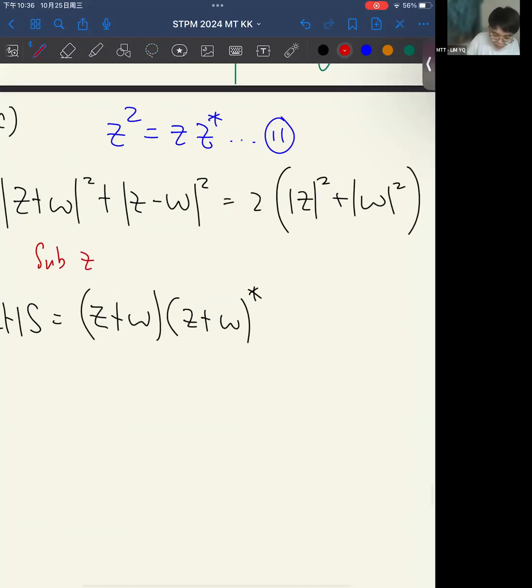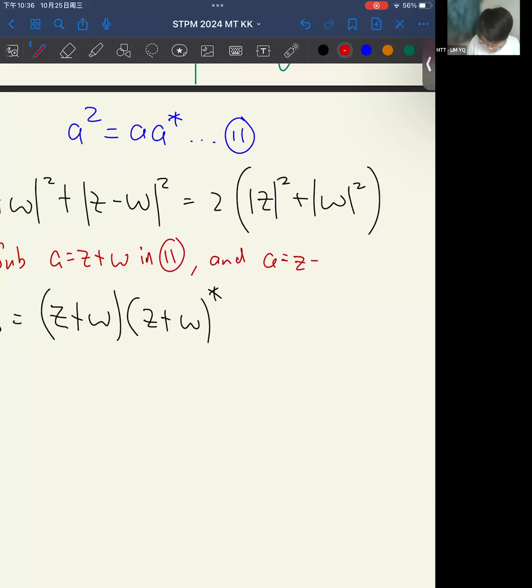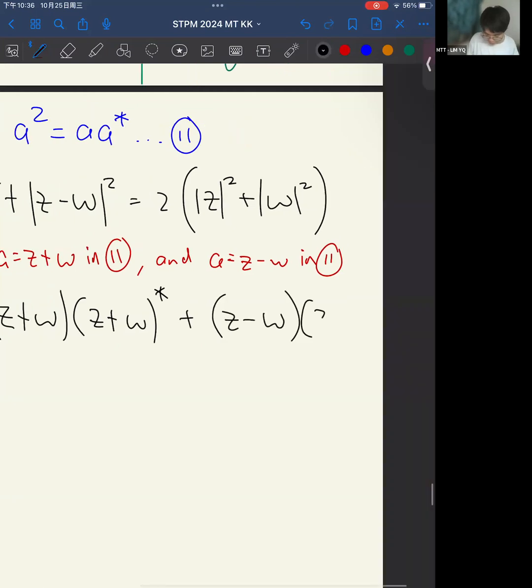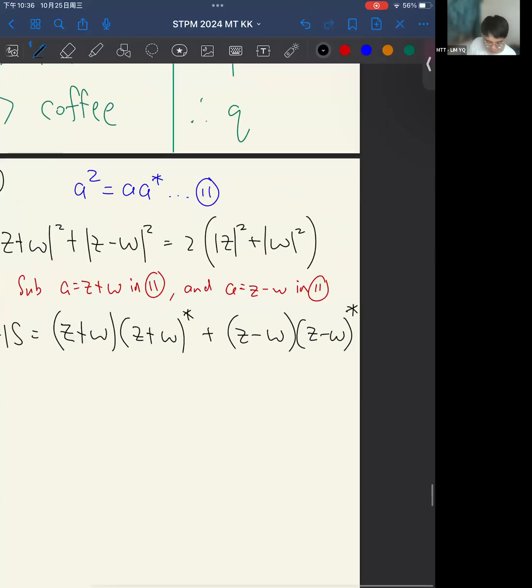Maybe here I don't want to put Z, I put A. Substitute A equal to Z plus W in equation 11 and A equal to Z minus W in equation 11 also. So we can give this plus Z minus W multiplied by Z minus W bracket star, the conjugate of it.